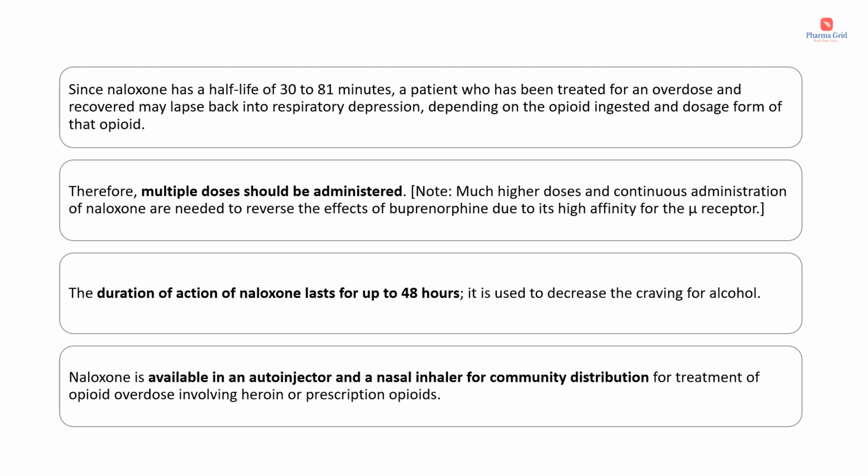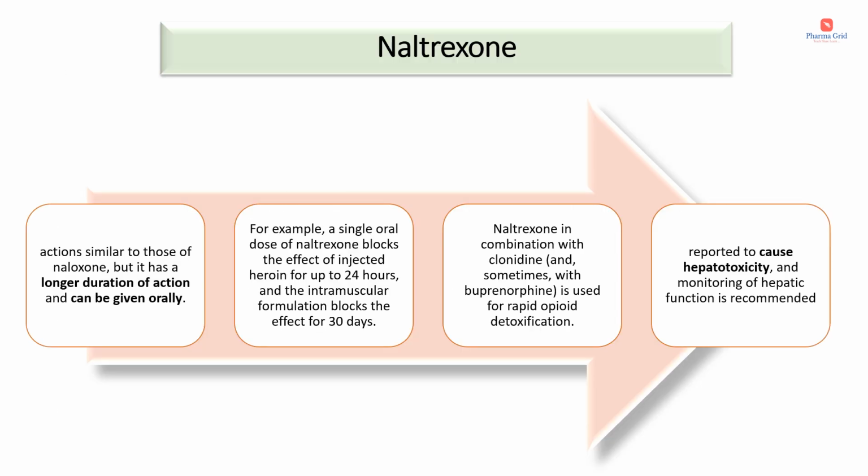The duration of action of naloxone lasts for up to 48 hours. It is used to decrease the craving for alcohol. Naloxone is available in an auto-injector and a nasal inhaler for community distribution for treatment of opioid overdose involving heroin or prescription opioids.